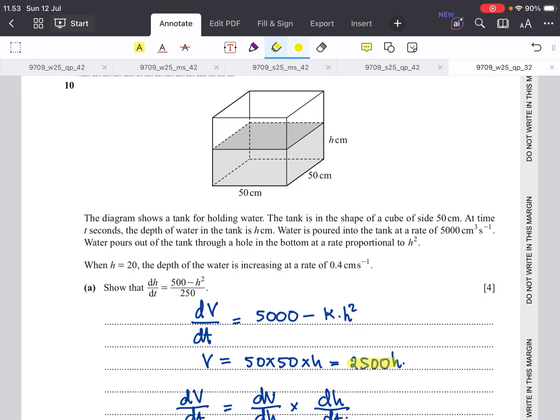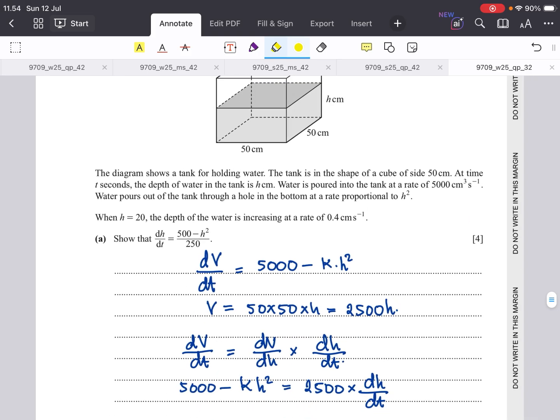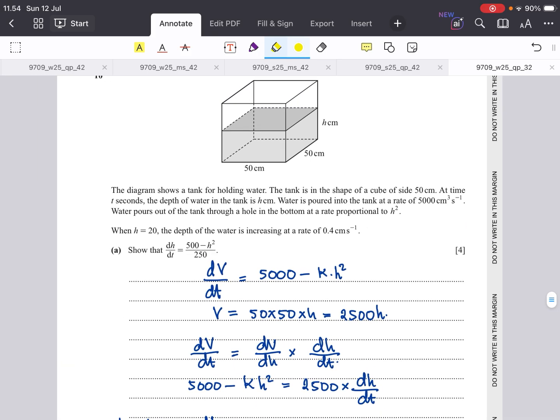So the volume of the water in the tank can be found using the formula 2,500 h. And then we want to find dh over dt. We want to show that dh over dt can be expressed in this formula.